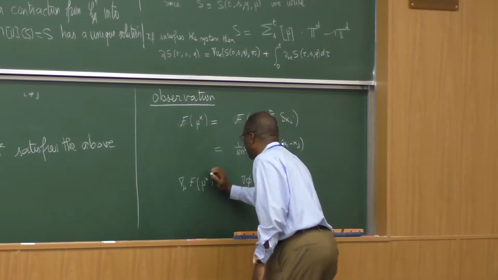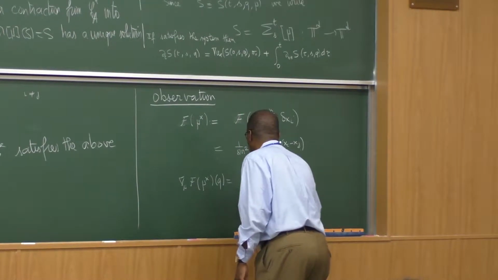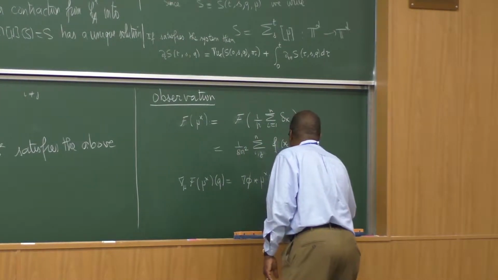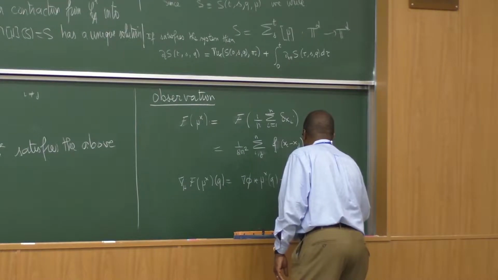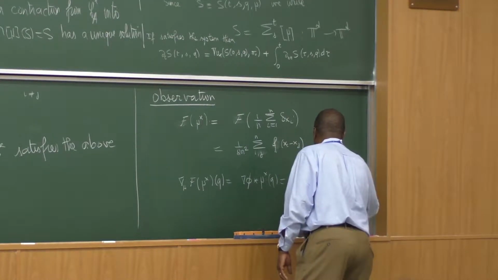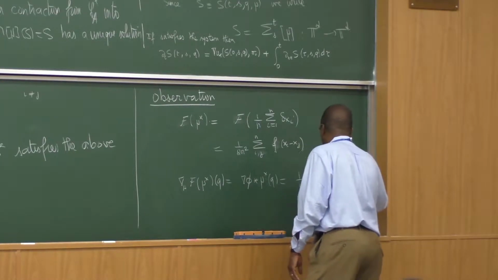So the Wasserstein gradient at Q is 1 over n, sum i from 1 to n, gradient phi S_i, Q minus S_i.